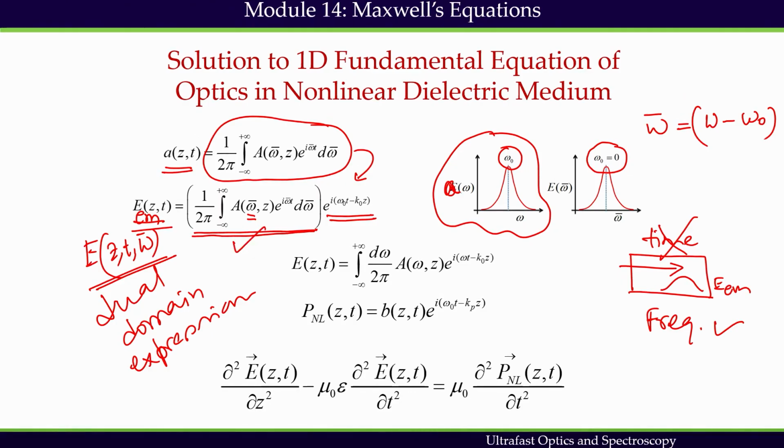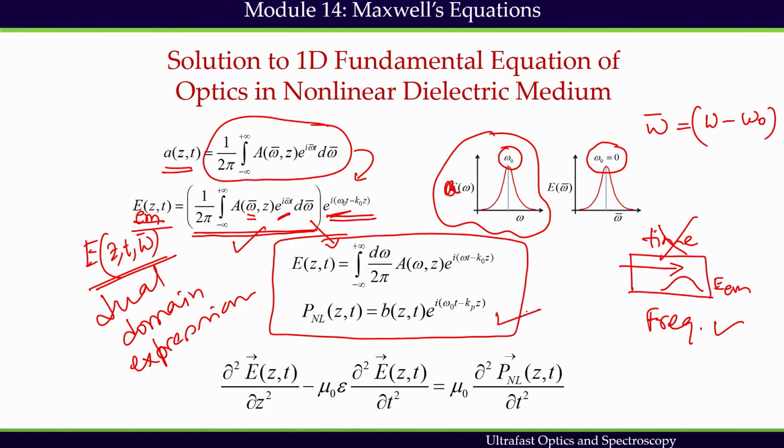So, what I get in the end, we can simplify this expression. We can multiply e to the power i omega naught t and e to the power i omega bar t, and finally we get this expression, where the polarization expression is familiar to us.